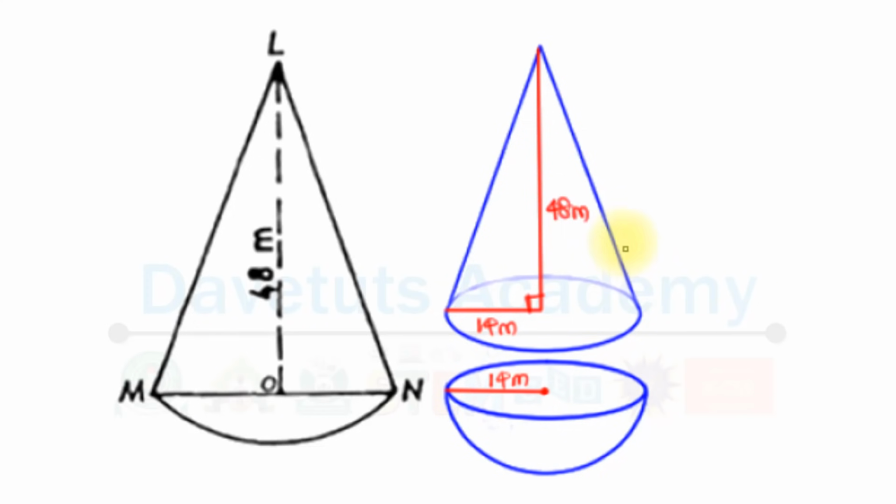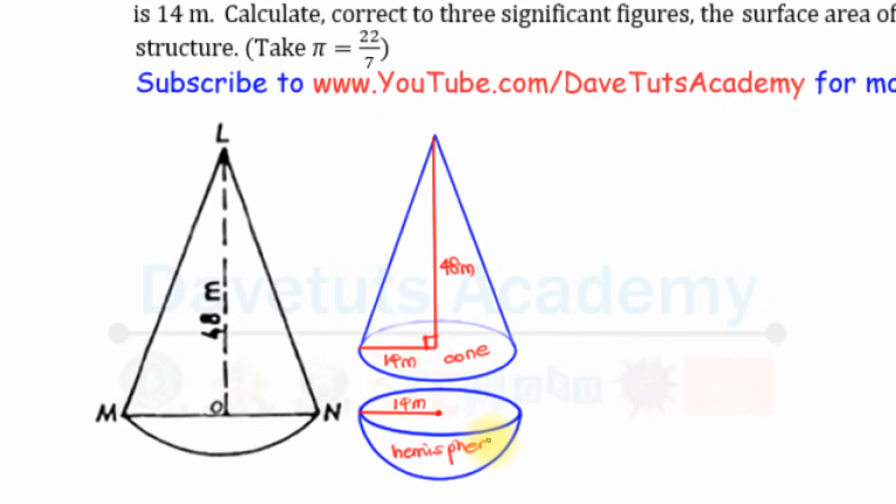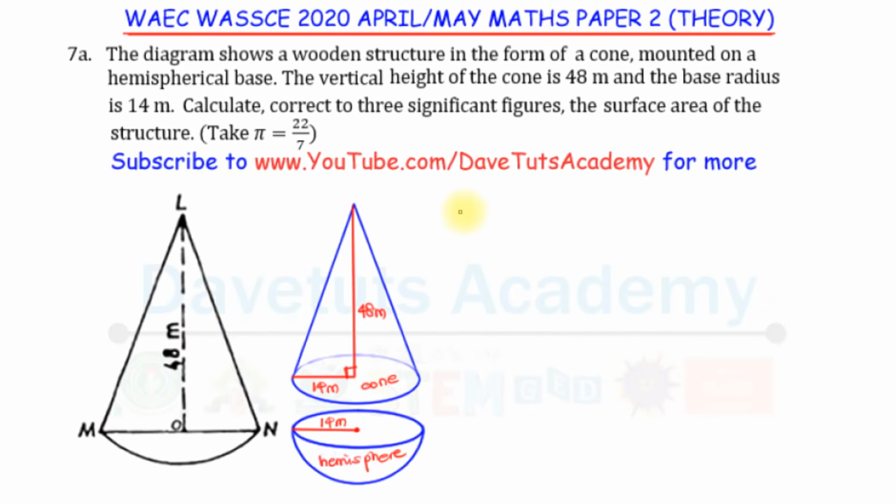Now, if these are the two shapes that we are concerned about, how do we go about to find the surface area of the structure? You can see here that the surface area of the structure will give us the surface area of this particular cone and then this hemispherical base, this hemisphere. Okay, so we can say that the surface area of the shape is going to give us the addition of the surface area of the cone and the surface area of the hemisphere.